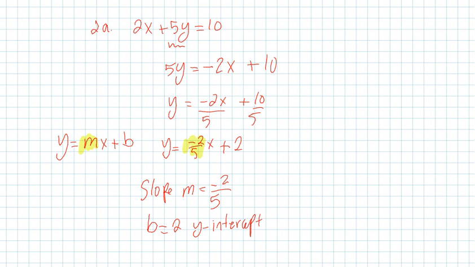So I'm going to do one more example with you, and then I'm going to let you finish the other questions. Let's do C. So C is 2x minus 3y plus 21 equals 0.